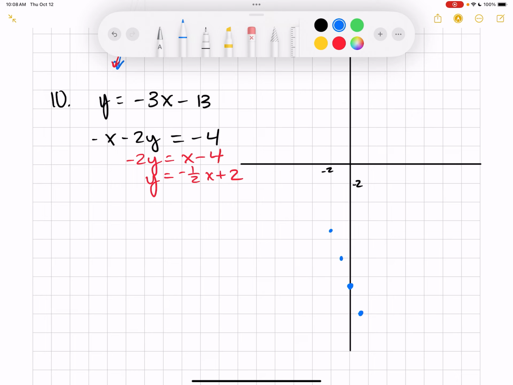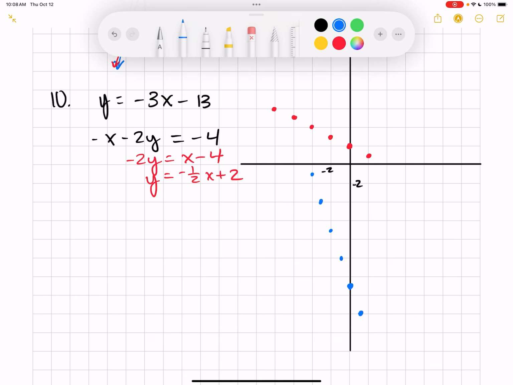But you wouldn't necessarily know that. I'm not going to draw the line yet, because I know I'm going to have to go farther than that. And then the other one, intercept at 2. And then down 1, right 2, or up 1, back 2.